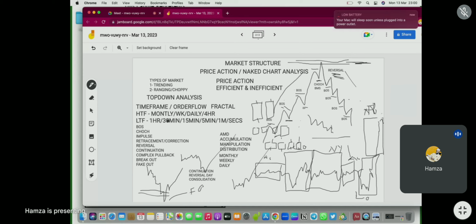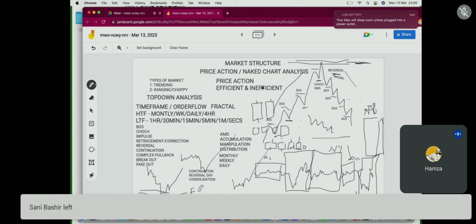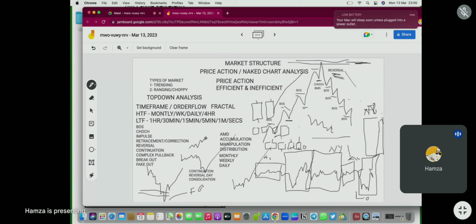And of course, I spoke to you about price action, inefficient and efficient. When we have buying, selling, buying, selling, this is efficient price action. But when we keep having huge impulse candles, that's inefficient price action. By its very nature, price will seek to rebalance that inefficiency before continuing upwards, if upwards is where it wants to go.